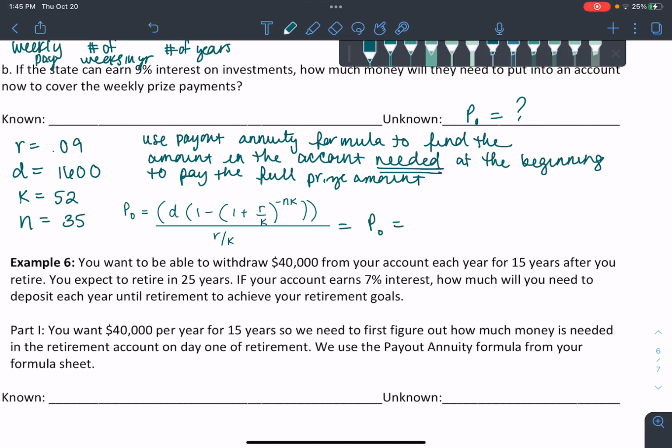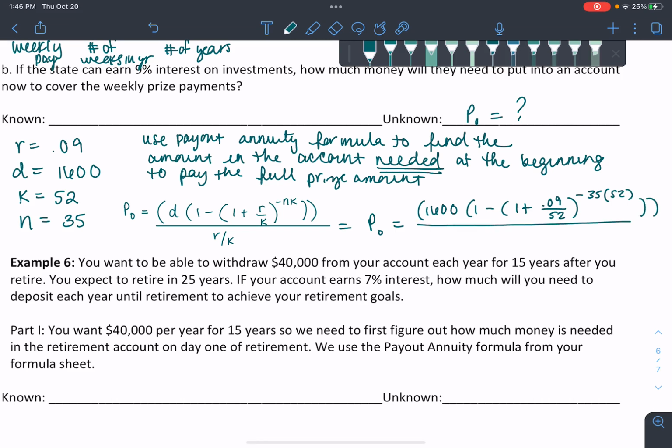So P sub 0 equals, and we're going to write D times 1 minus (1 plus R over K) raised to the negative 35 times 52, close, all over R over K, 0.09 over 52.